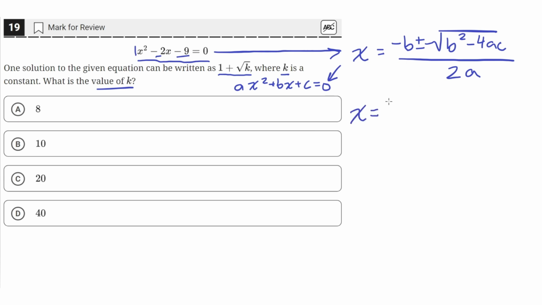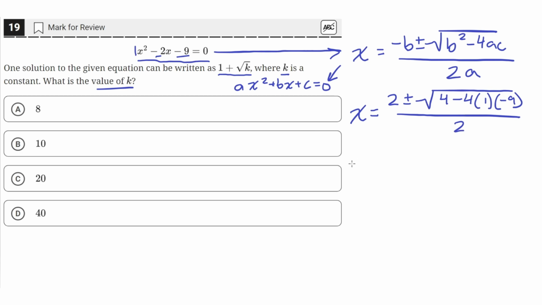So negative b is going to be negative negative 2, so that's just 2, plus minus the square root of b squared. So negative 2 squared is 4, minus 4 times a, which is 1, and c, which is negative 9. All that square rooted over 2a. So a is 1, so the denominator is just 2.